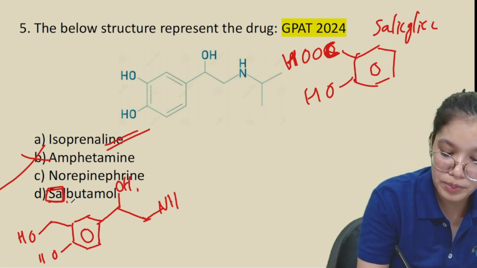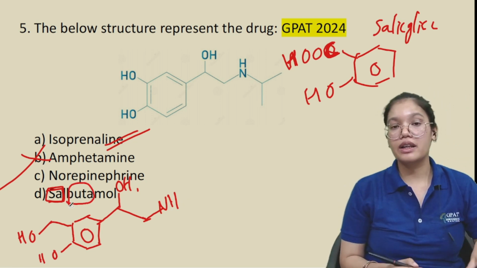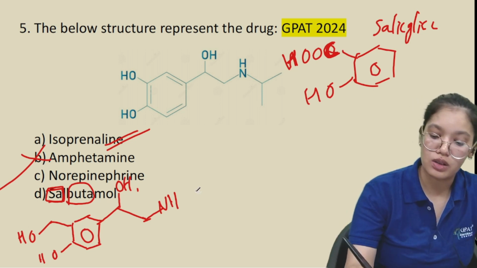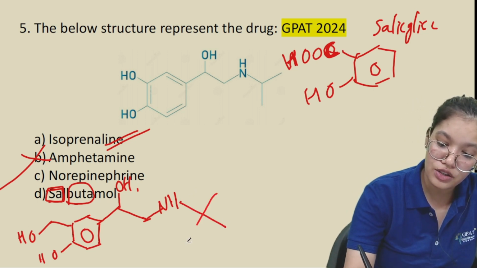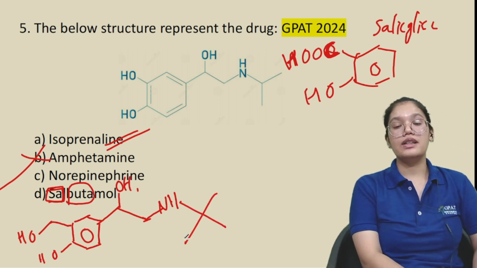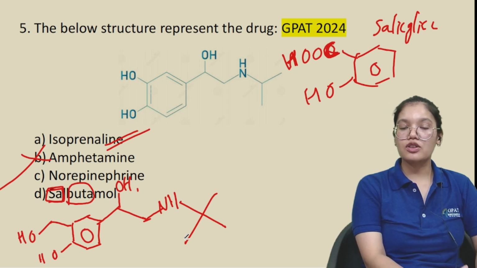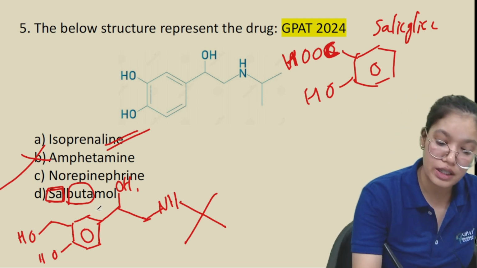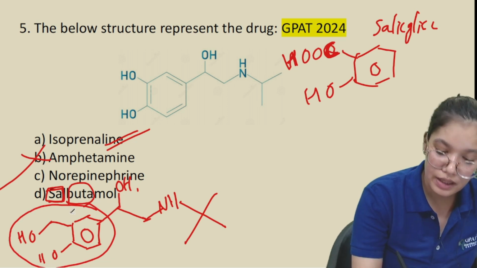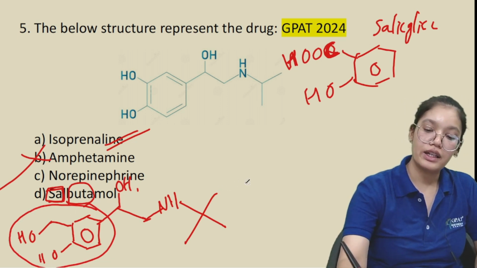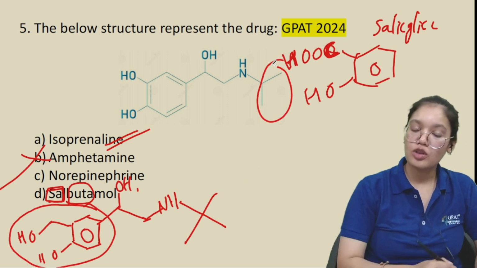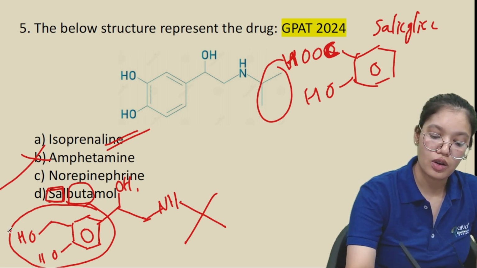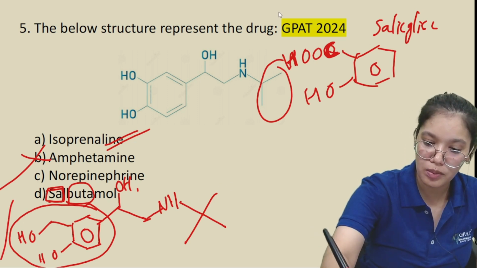Then from buta, we can remember that it contains a butane also, so with the NH a tertiary butyl group is attached. This is the structure of salbutamol. Salbutamol doesn't contain the catechol ring and doesn't contain the isopropyl group, so it is not the option.